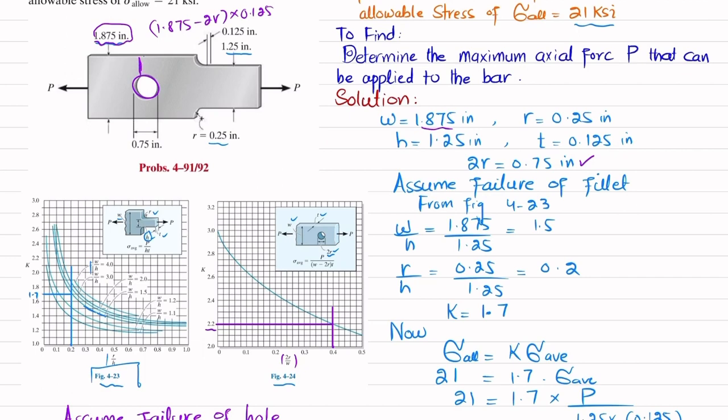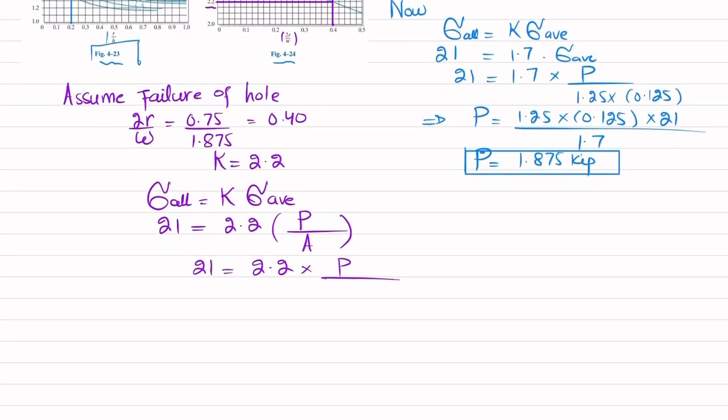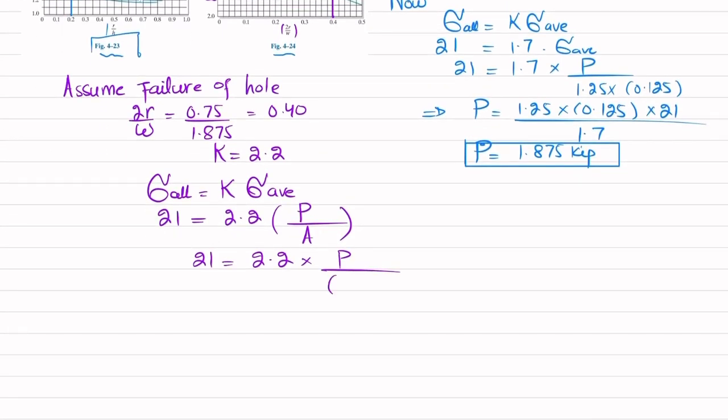That will give you this portion and this portion. Because in tension the hole does not take any load, we write P divided by the area, where the area is 1.875 minus 0.75, into the thickness, which is 0.125.